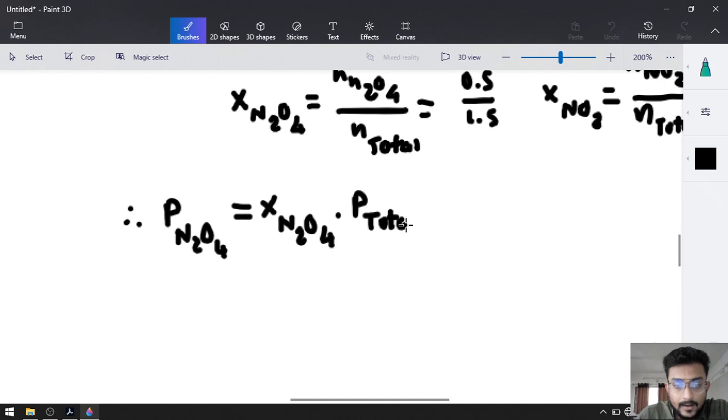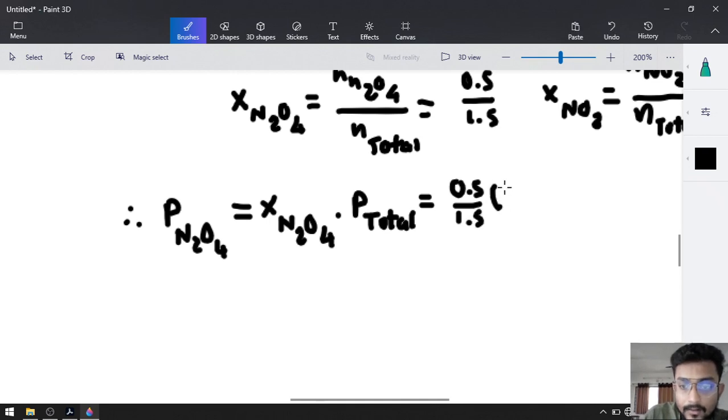Now P total is equal to 1 atm, so it will be equal to 0.5 divided by 1.5 into 1, which is equal to the mole fraction only.